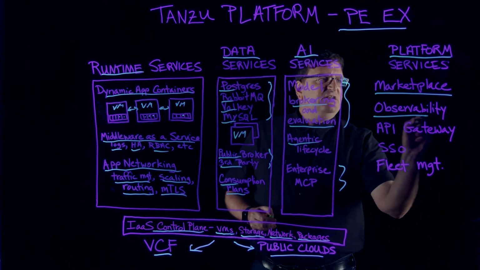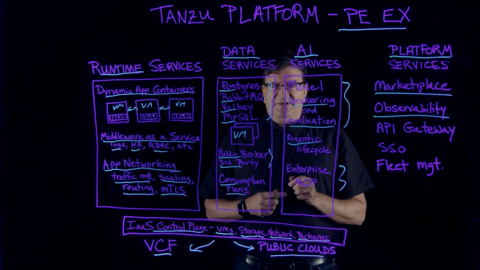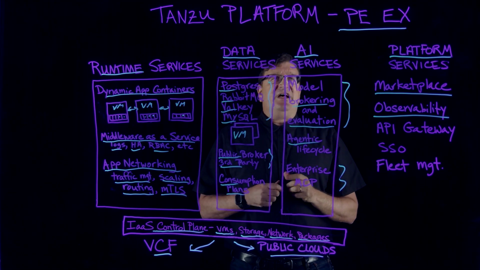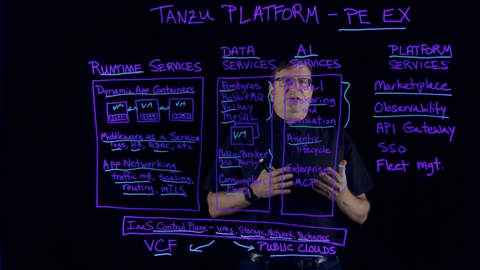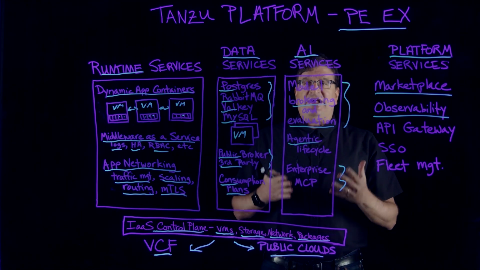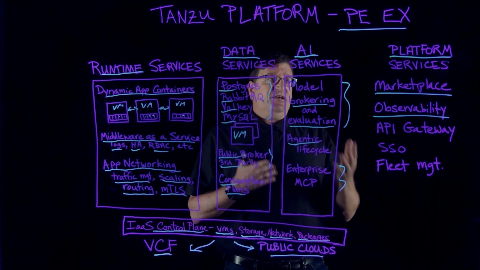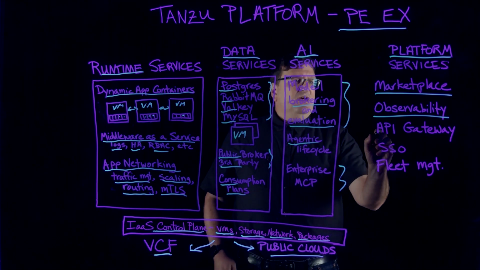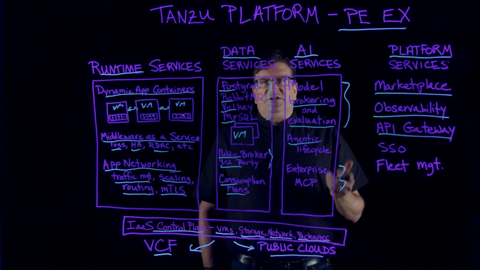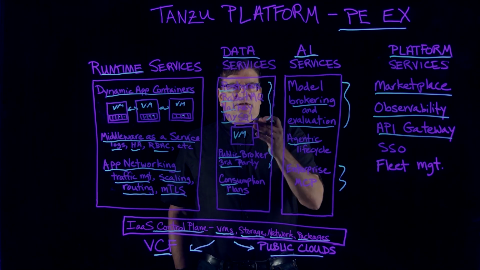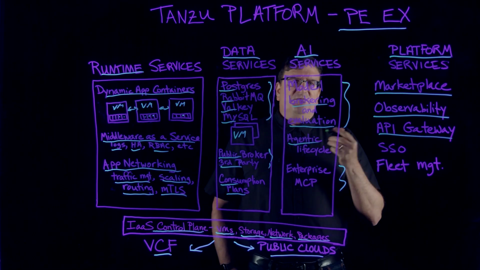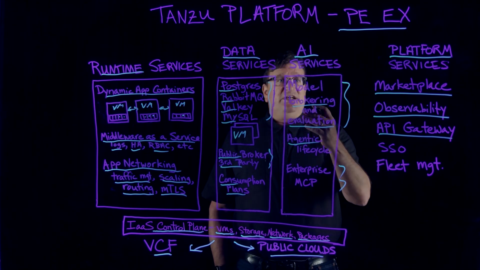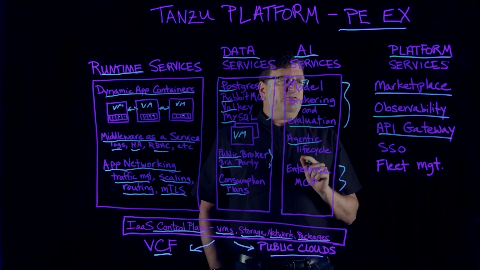The second one is a set of health and observability services for the platform engineering to use in order to troubleshoot things that are happening in the platform, in the application, in the infrastructure, and so on. API Gateway, a very important capability for interacting in a modern way with applications, as well as agentic deployments, very critical.